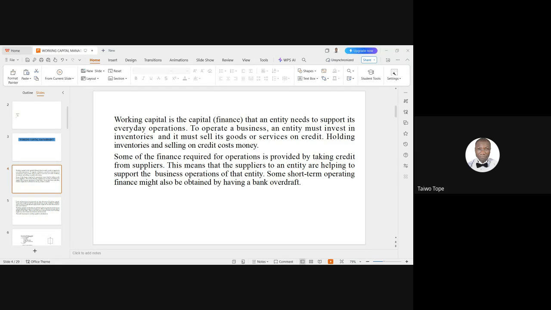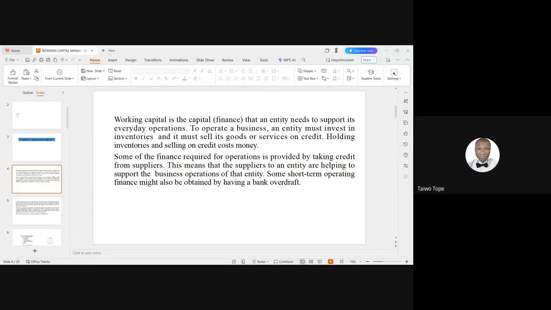The management of the various components of working capital involves an organization determining certain levels at which the controllable ones should be maintained. For example, some organizations have a reorder level for their stock. Once the stock is, let's say, getting to 500 in the store, it shows that there is a need for restocking. So they have a buffer level.